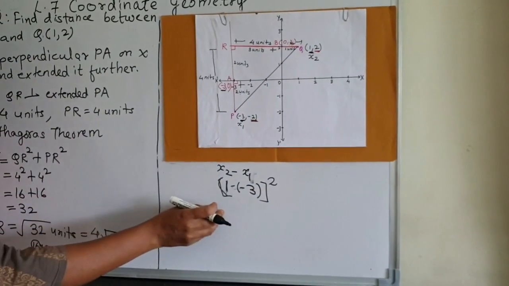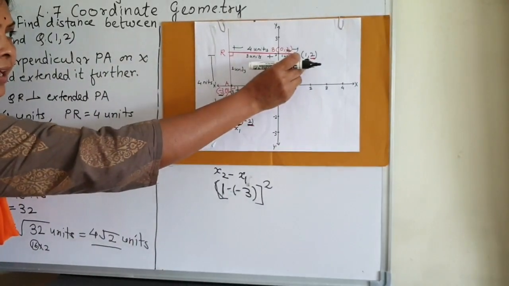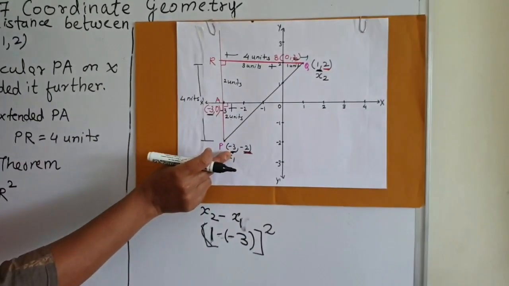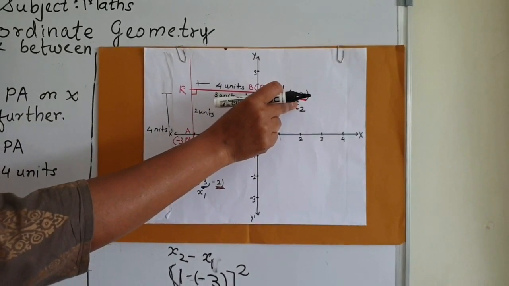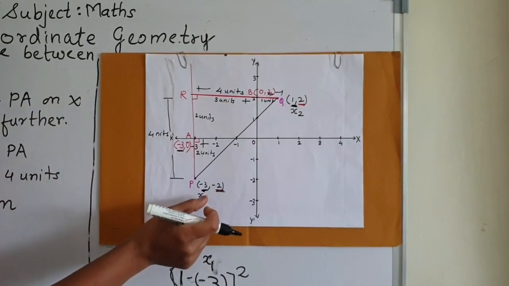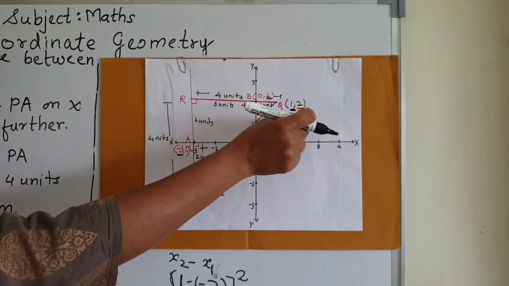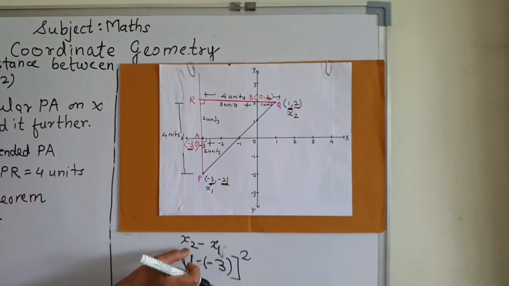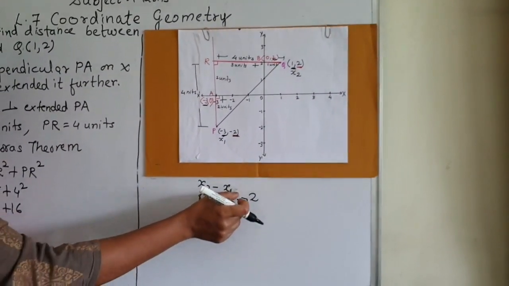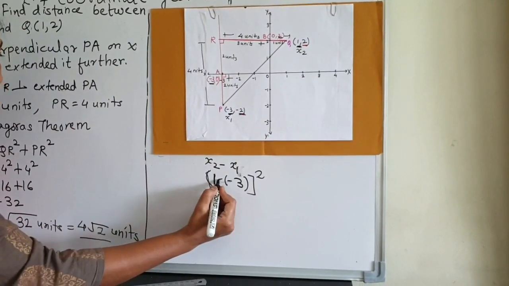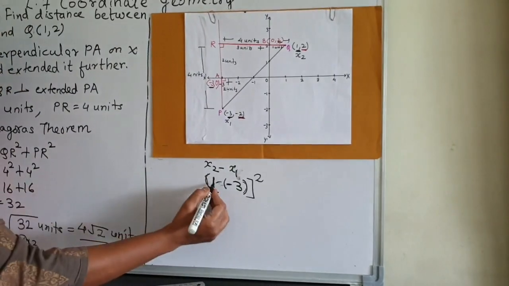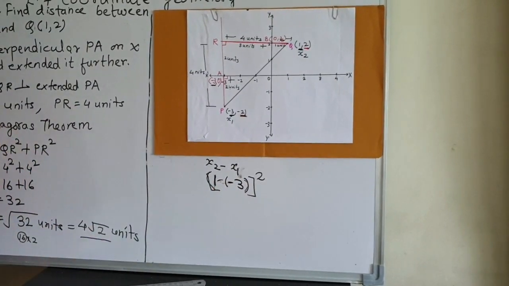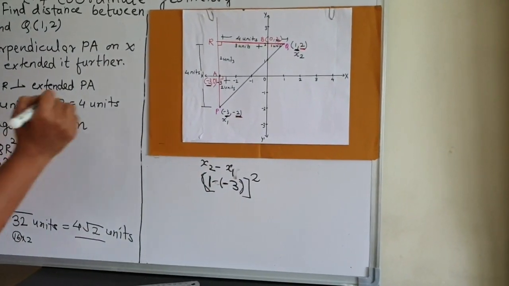Did you understand what I did? I subtracted x coordinate of point P from x coordinate of point Q, and this is x1, this is x2. So x2 minus x1 means 1 minus of -3, and I did the square of this, right? Now what next?